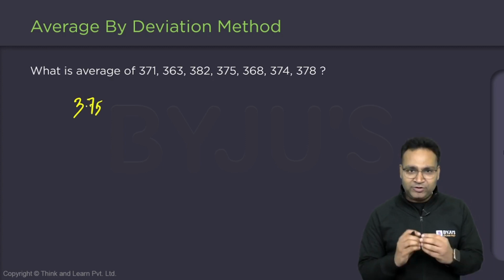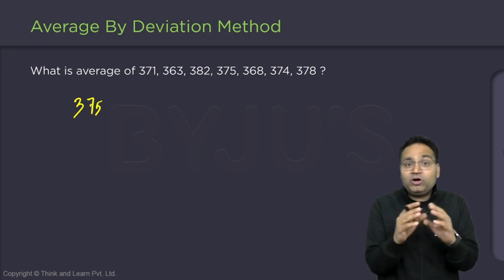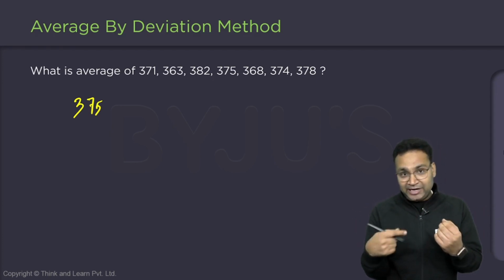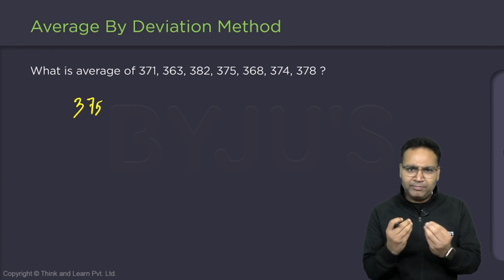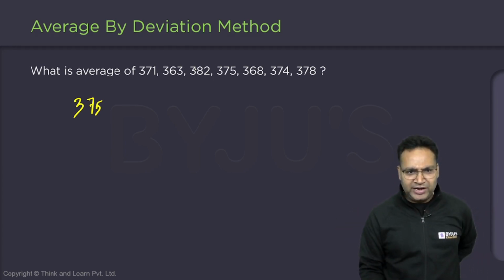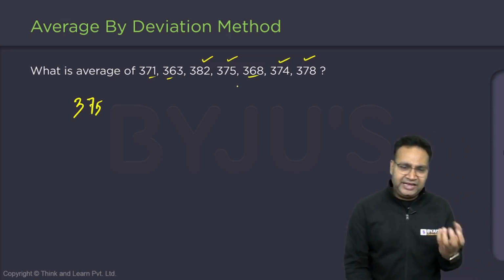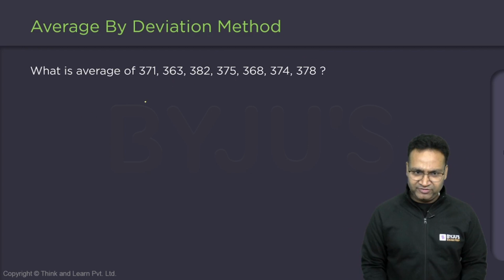I try to take a number which might or might not be one of these numbers, but somewhere in the middle among all these numbers. I know the highest number is 382, then we have 378, 374, 375, then some numbers lesser than 375. So I think the average should be nearby 375. Let's say I take the average as 375.